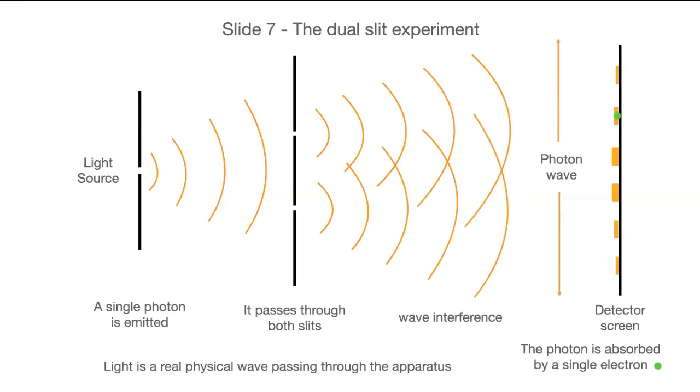So it's not as if we've got some mysterious collapse of a wave function. What we're talking about is a real physical wave, but that real physical wave, which is the photon, interacts with the outer electron of an atomic shell on the detector screen, and you can think of the electron as absorbing the entire photon wave, even though it might be spread out over several centimeters.